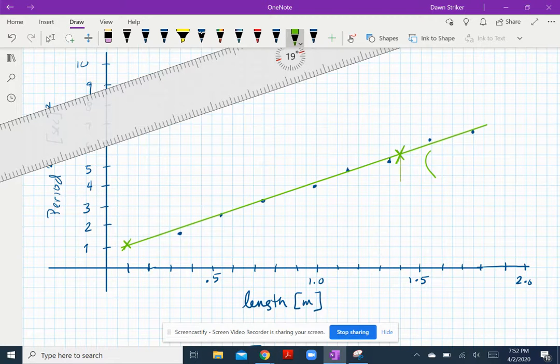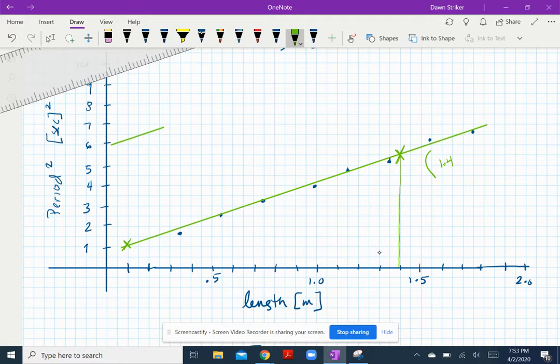So this looks like, what is that? 1.4 meters. And if I trace all the way over, I think it's right about there. So the y value is 5.5 seconds squared.